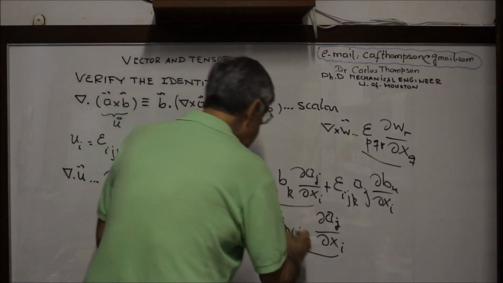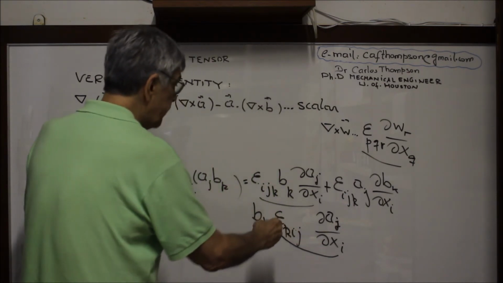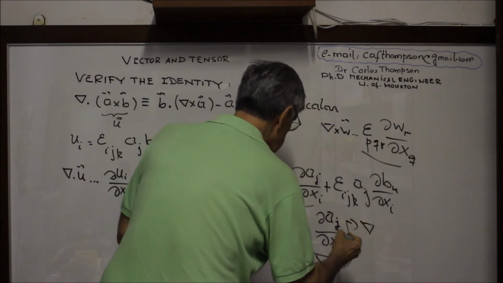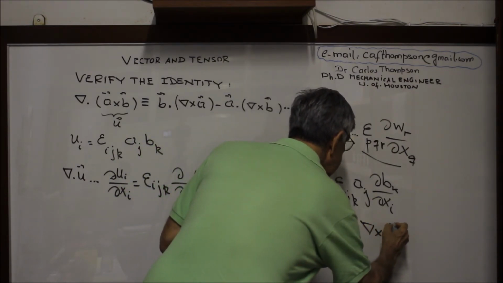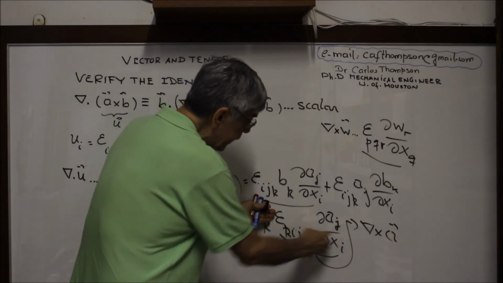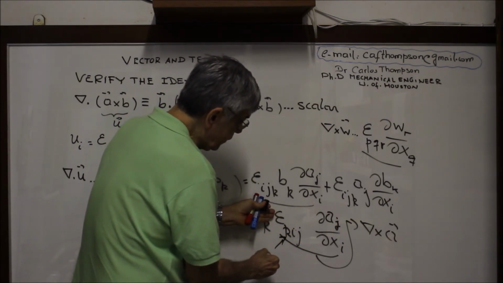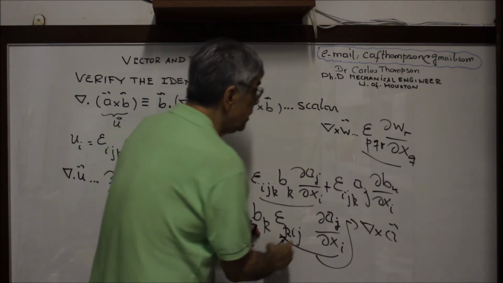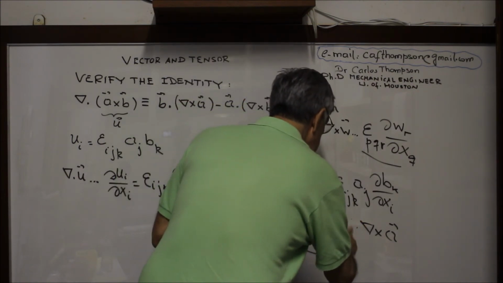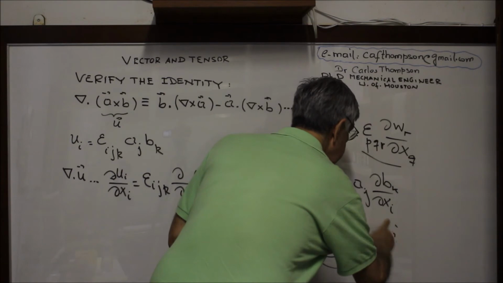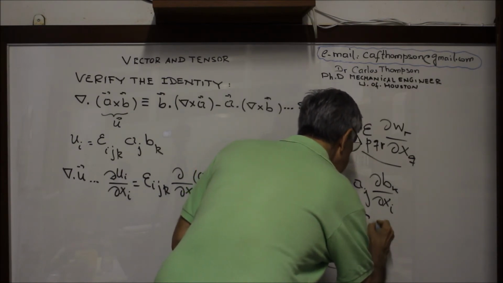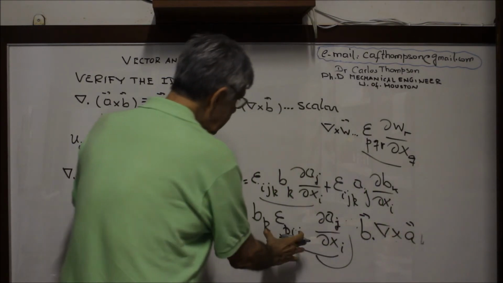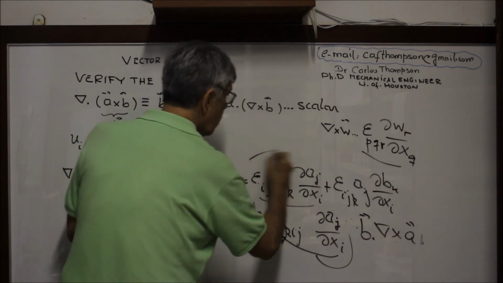So this is a vector that I can write as the rotational or curl of A, and here the free index is K. But BK is over here and K over here, so this is B dot curl of A, this whole term.